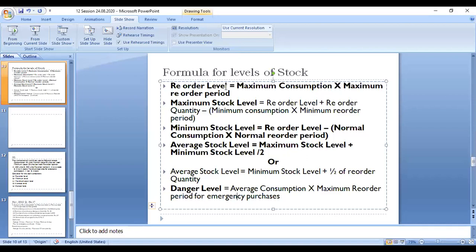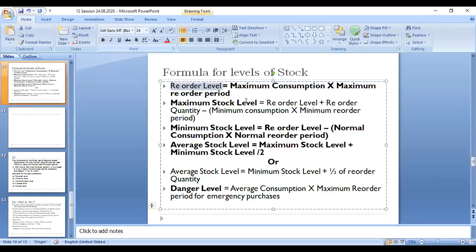Reorder level equals maximum consumption into maximum reorder period. This is the first formula. Maximum stock level: take the answer of the first one, the reorder level, then plus reorder quantity.